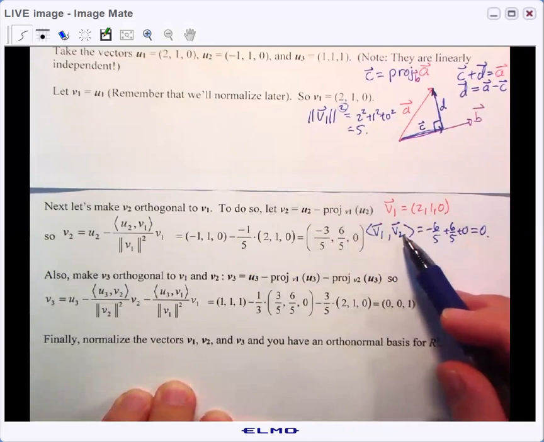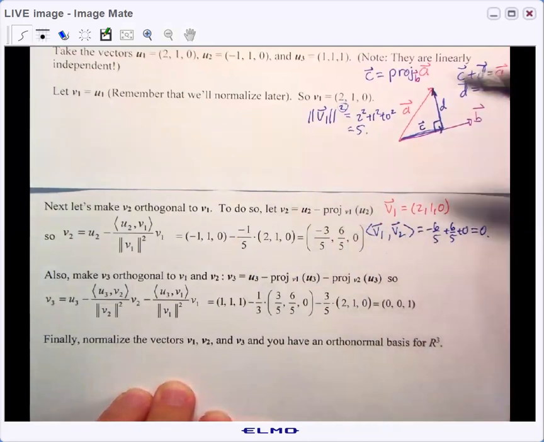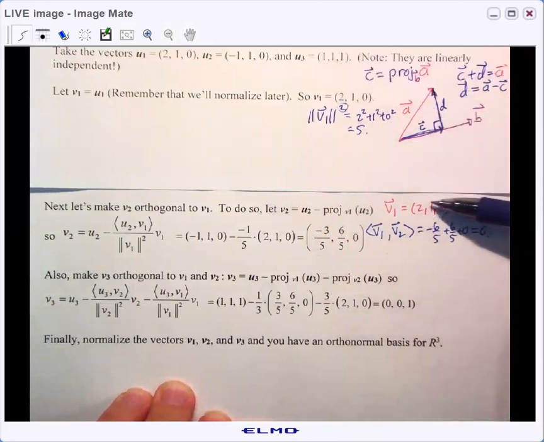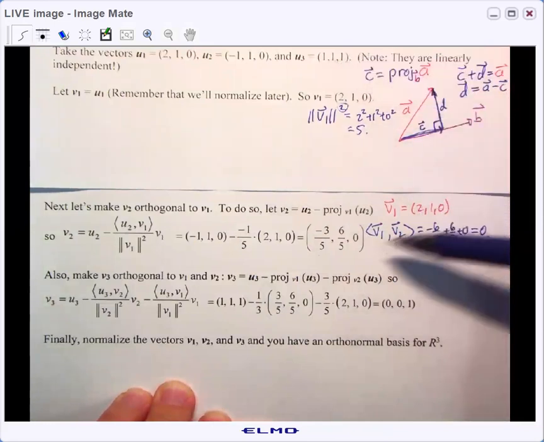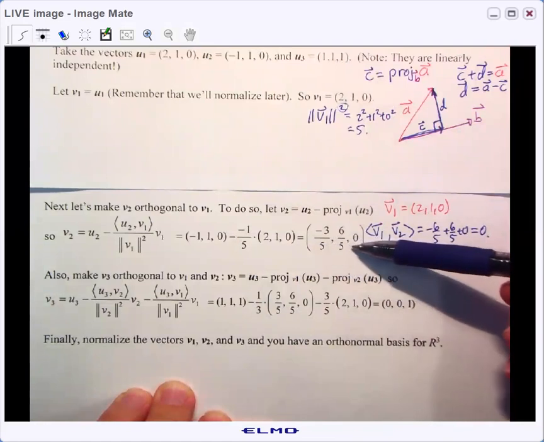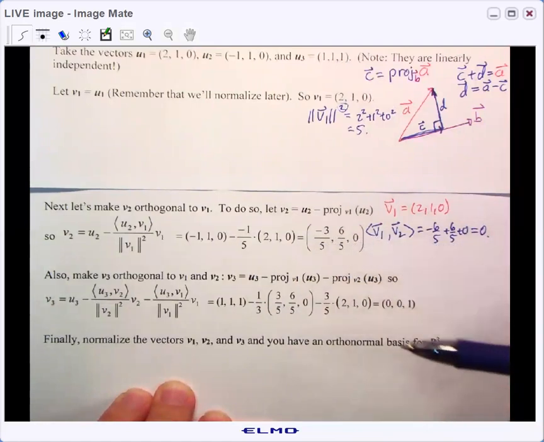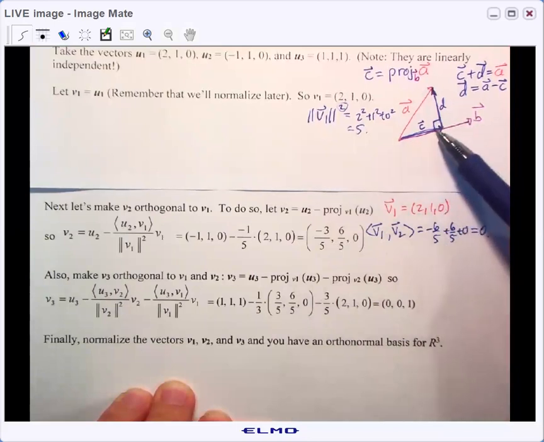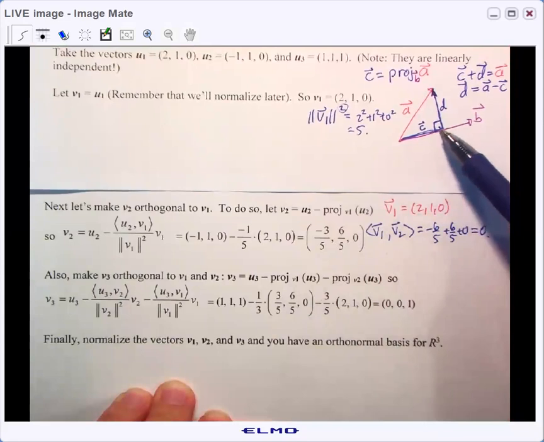We now need our third vector to be orthogonal. Remember that our third vector was 1, 1, 1, which is certainly not orthogonal to V1 or V2. So what we need to do is use this process and take away the stuff that points in the direction of V1 and V2 so that we end up with something perpendicular to both of those.